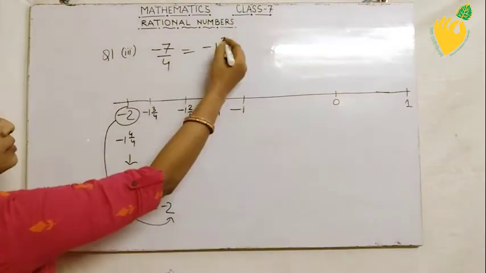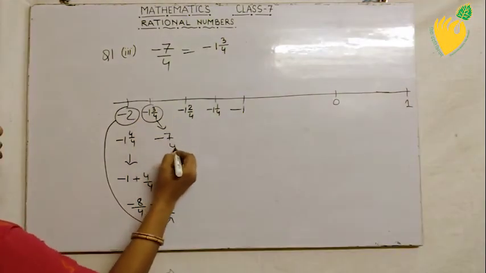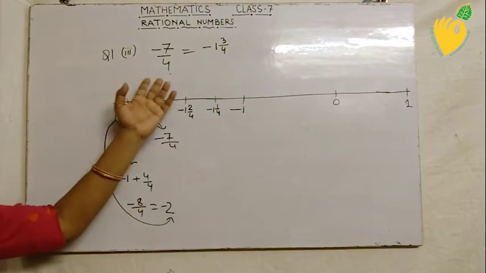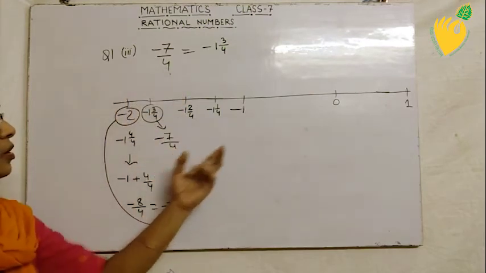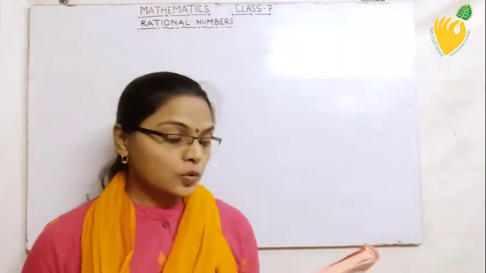So we have to simply focus on minus 1 3 upon 4, it is here, which equals minus 7 upon 4, on the left hand side of the 0.